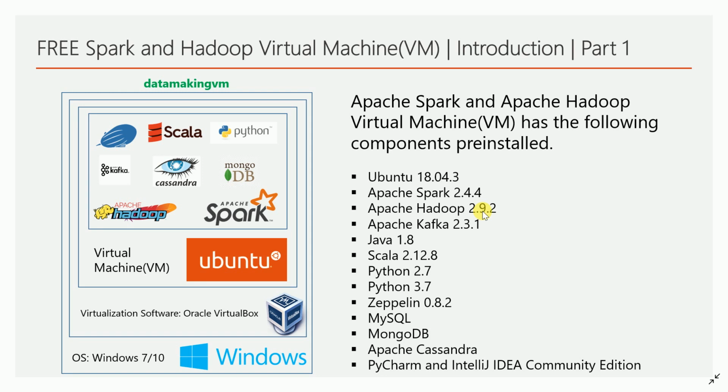We installed Java 1.8, Scala 2.12.8, and Python, both version 2.7 and 3.7, which is the Anaconda distribution. It comes with many Python packages pre-installed, so you can just start your machine learning work immediately on this virtual machine.